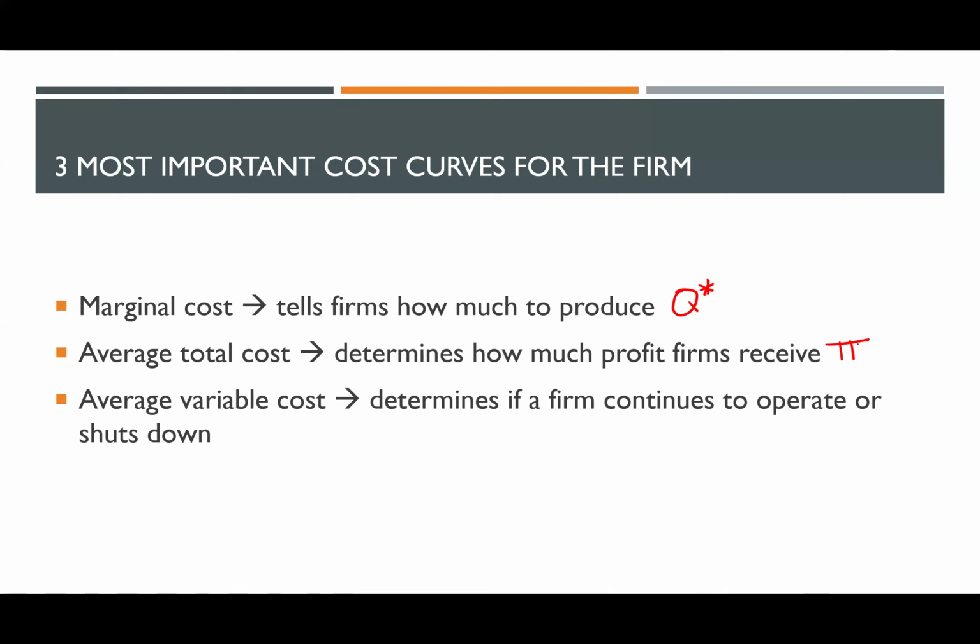And then average variable cost tells the firm whether they need to shut their doors in the short run, if they're earning a loss, or if they can keep operating. Okay, so you really want to learn what each of these curves tells you for the firm and its decision making and how they're different from each other.